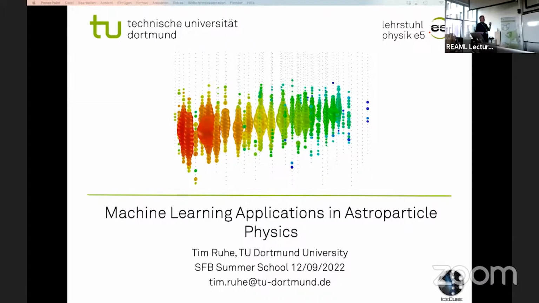So I tried to focus, which means I focus on a very particular experiment, the experiment I work on myself, which is IceCube. But the basic point is that all the things I'm going to tell you are applicable, with slight changes of course, to all of the astroparticle physics experiments in the world.